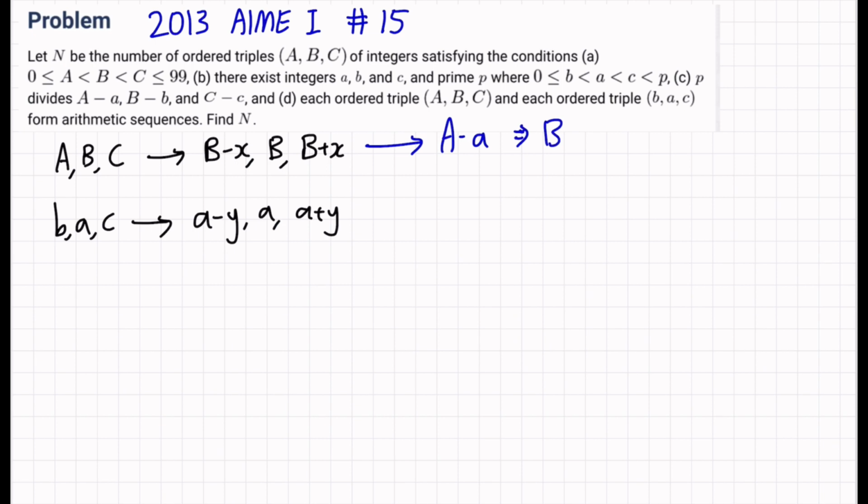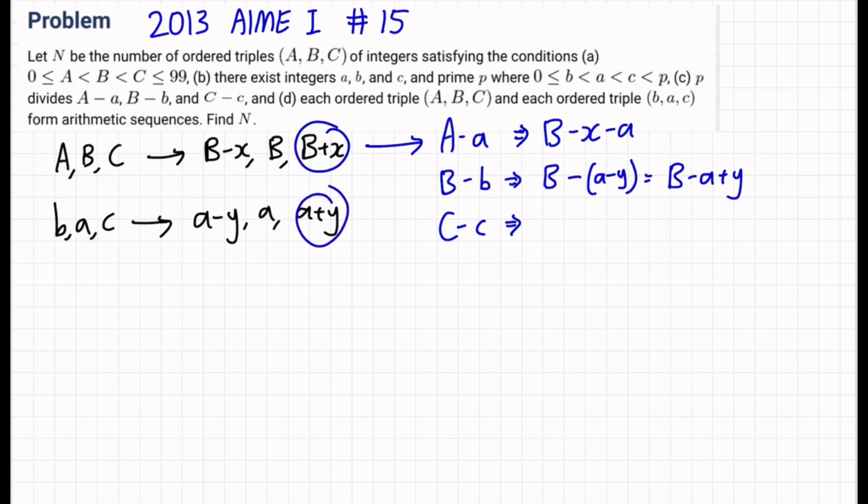Then B minus b is B minus (A minus Y), which equals B minus A plus Y. And then C minus c is B plus X minus (A plus Y), which is B plus X minus A minus Y.